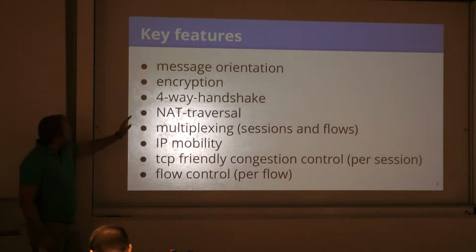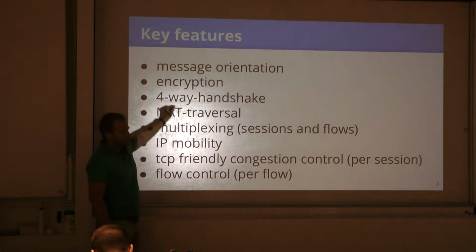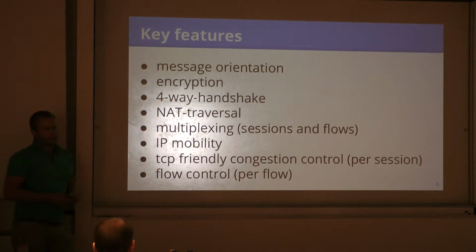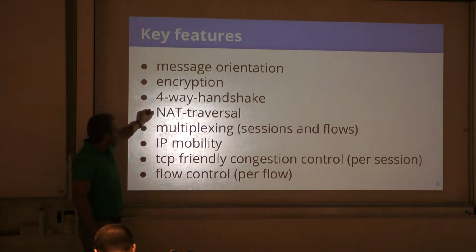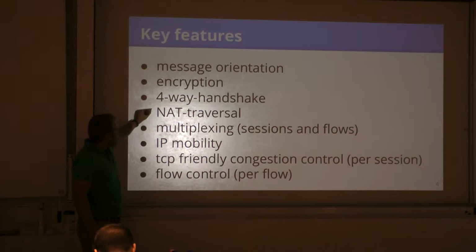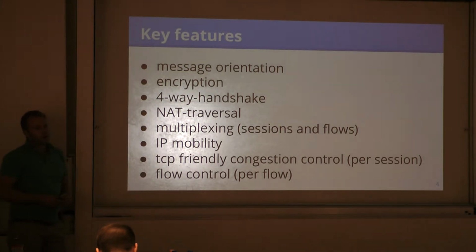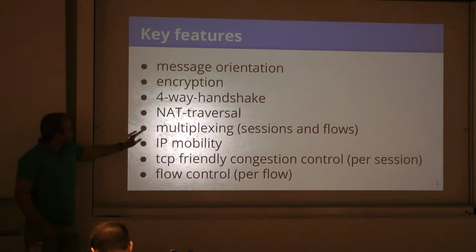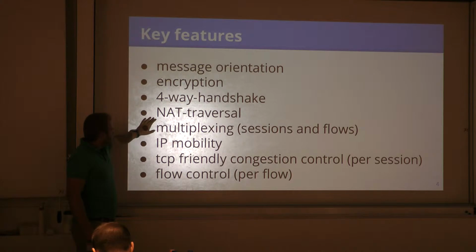The key features. First, it's message oriented, which means it usually uses UDP. It's encrypted. It's using a four-way handshake to not be vulnerable to denial of service attacks. It uses NAT traversal.